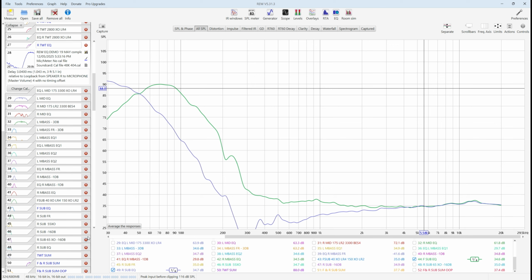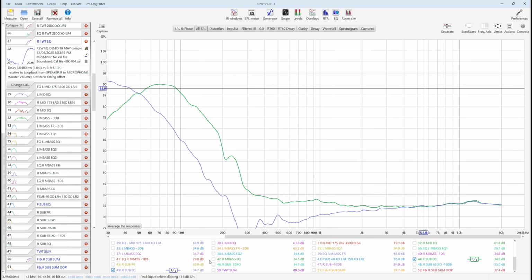Once again, once you've done your time alignment, when you play the pair together, the measurement should sum up through this crossover region. See how it's nice and flat. If you've got some sort of phase problem or it's not aligned properly, you'll end up with a dip or a cancellation occurring through this crossover region, which is a sure sign that things aren't properly time aligned, right? So that's the way to check your time alignment.